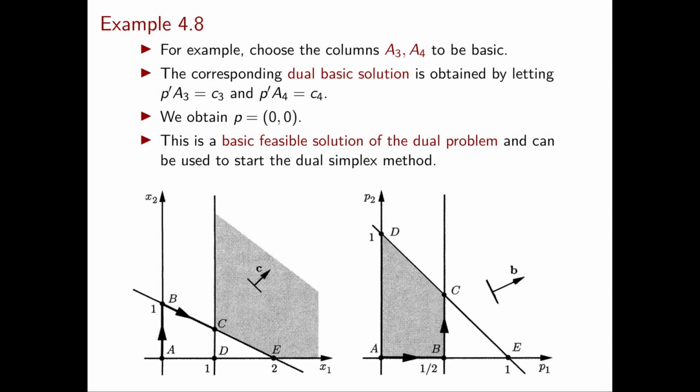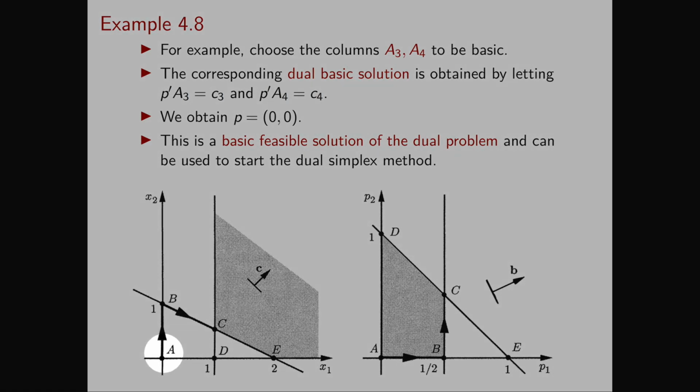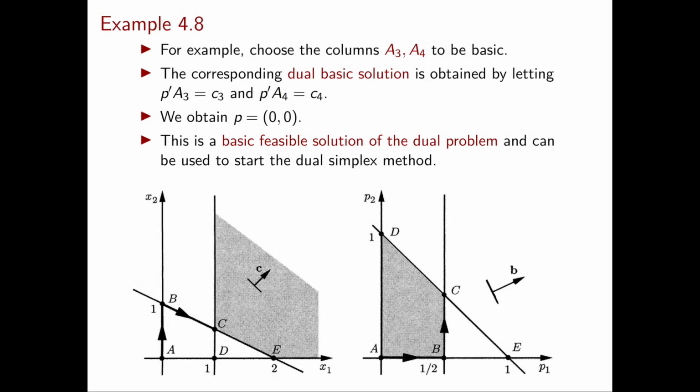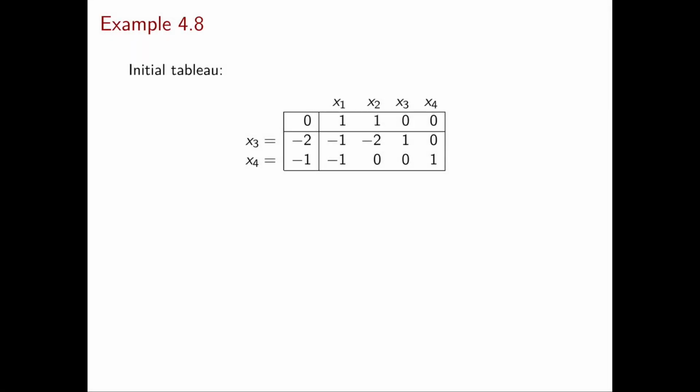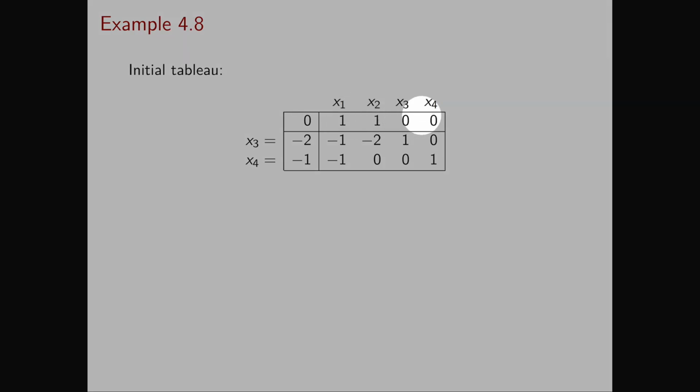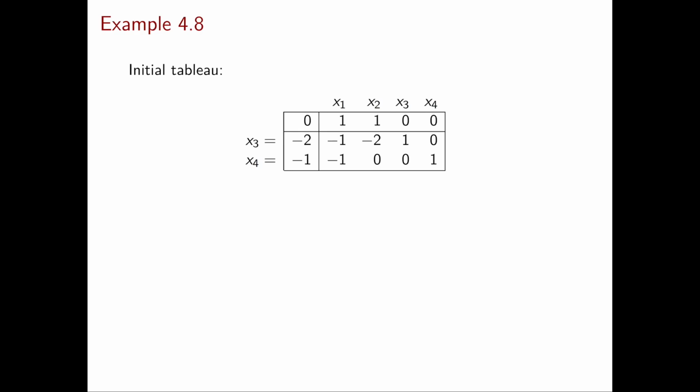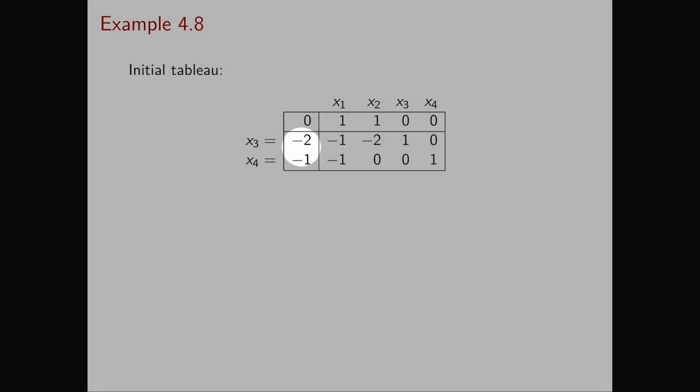Note that the primal basic solution that we obtained is not feasible, while the dual basic solution that we obtained is feasible. This means that we can use such a basis to start the dual simplex method. You can check that this is the initial tableau that we obtain. Note that it's clear that this tableau is being used for the dual simplex method because all the reduced costs are non-negative, and in the zeroth column we have negative entries.